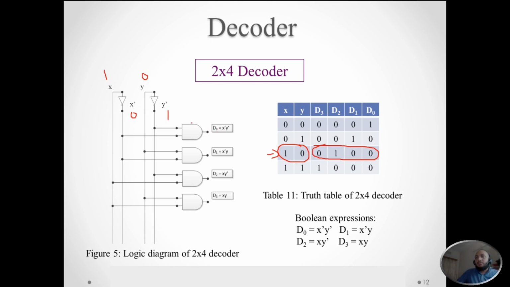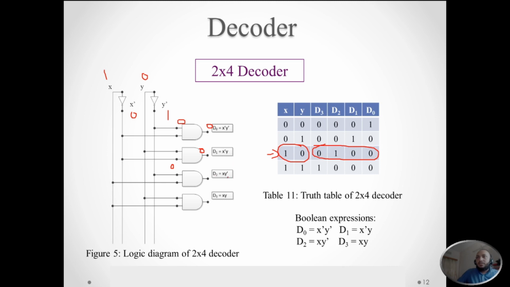For D0 we are getting x prime y prime, so x prime is 0, the output will be 0. For D1 we are getting x prime y, x prime is 0, so the output will be 0.